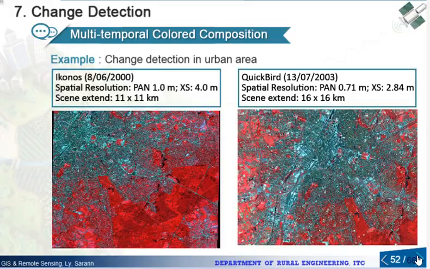And the right-hand side is the QuickBird image, which was taken on 13 July 2003, and the spatial resolution for panchromatic is 0.71 meter, and MS is 2.84 meters, and the scene extent is 16 by 16 kilometers.